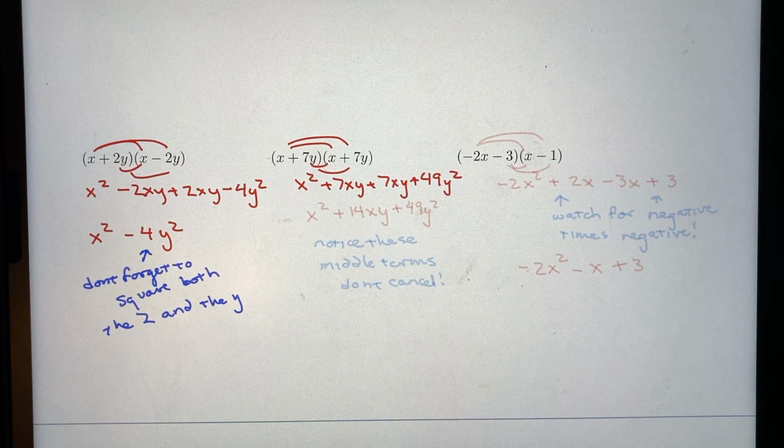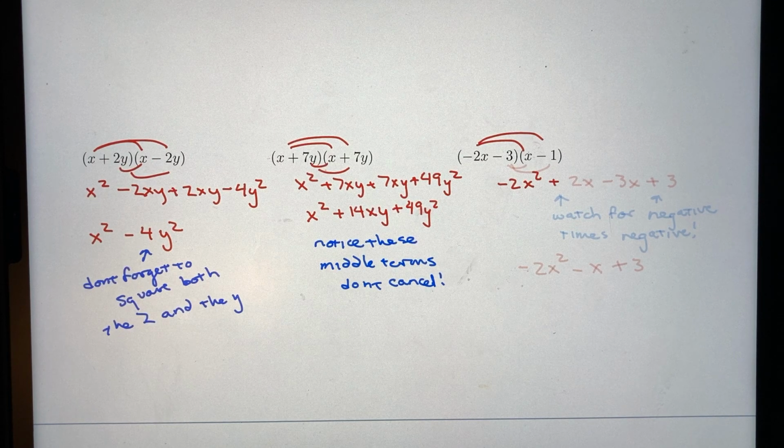Okay, be careful, the middle terms don't cancel when you have the same sign. They combine instead. They double. Okay, next one, watch all the stupid minus signs.